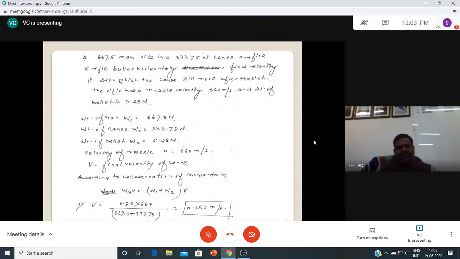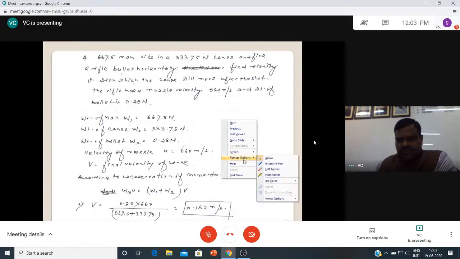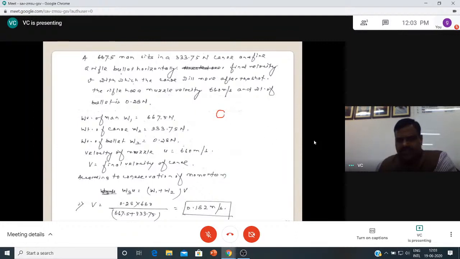Once again, I am repeating the problem. A 667.5 newton man sits in a canoe and fires a rifle.